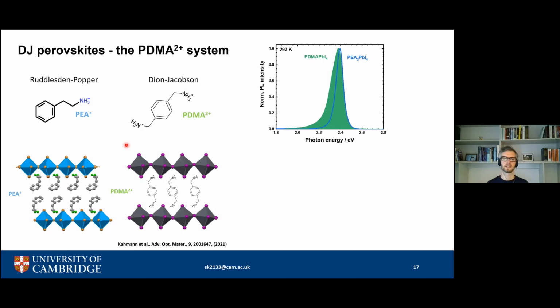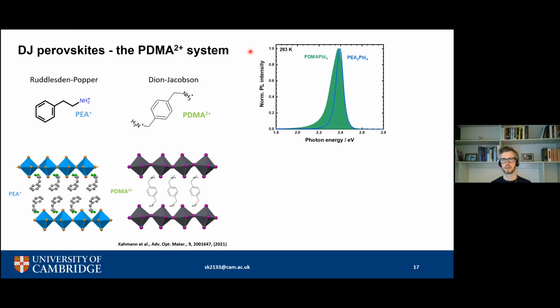And there is a stability argument here between the two spacer cations. You obviously have a van der Waals gap, and there might be a benefit by just getting rid of this gap and having these ionic interactions in between the inorganic layers.